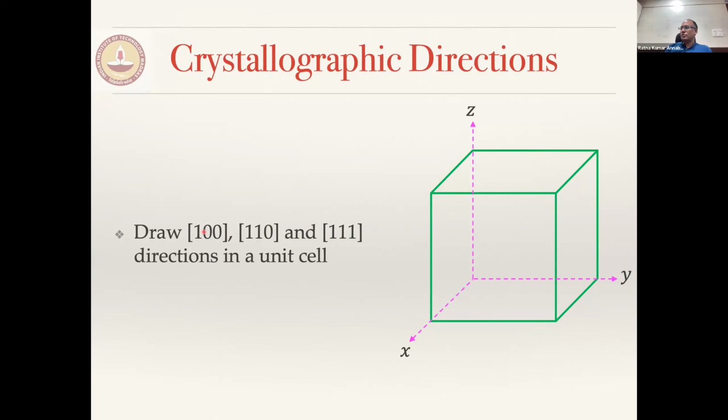The method is to identify, from the origin, a vector with these projections on the x, y, z axes. So 100 will be along that direction. For 110, the x projection is 1 and the y projection is 1, that is this point. For x, y, z projections of 1, 1, 1, that will be my 111 vector.